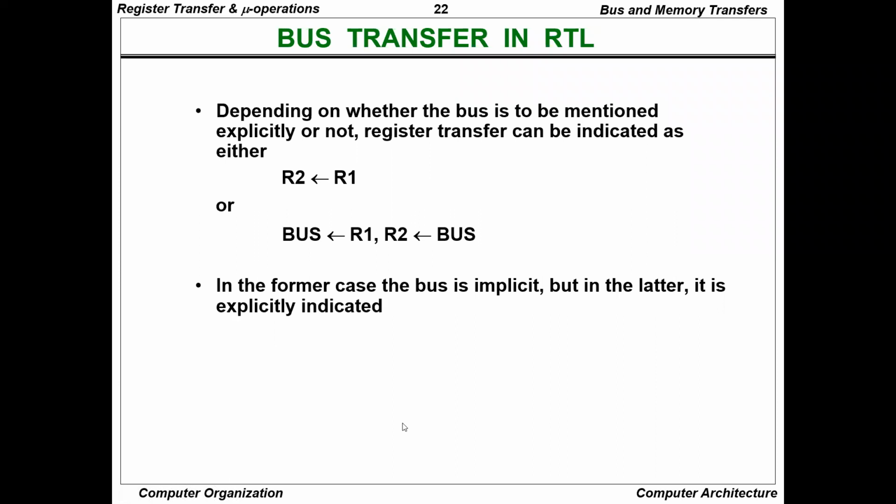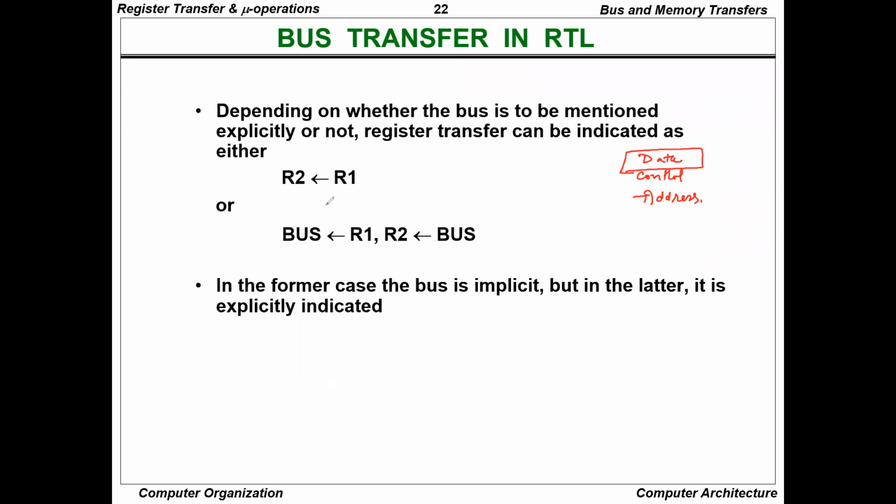Have a look at the example that is given. Whether the bus is mentioned explicitly or not, the bus will be used to transfer the data. You might remember that we have three types of buses: one is the data bus, one is the control bus, and the third one is the address bus. Right now we are talking about the data bus.